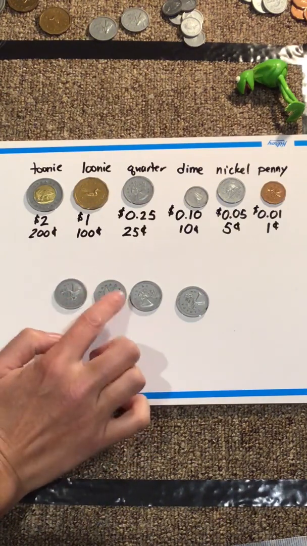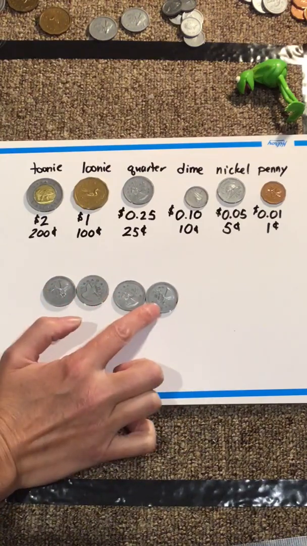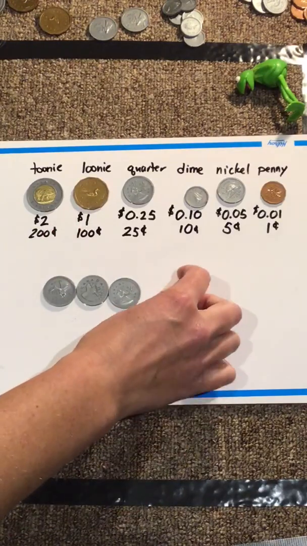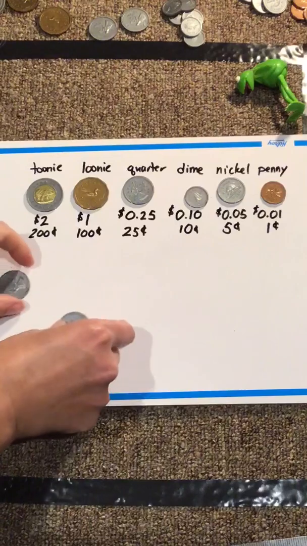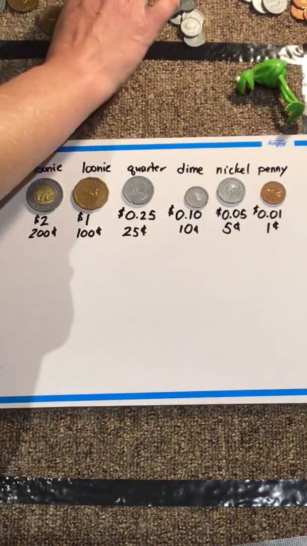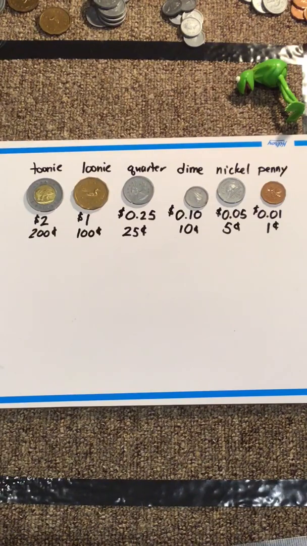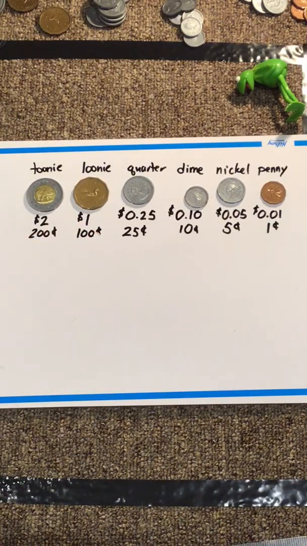So 25, 50, 75, $1, because it's 25, 50, 75, 100, really, and 100 cents would be the same thing as $1. So 4 quarters gets us 1 loonie, and I'm going to assume that you can also count by loonies and toonies. Counting by ones, counting by twos, except we're talking about dollars instead of cents.